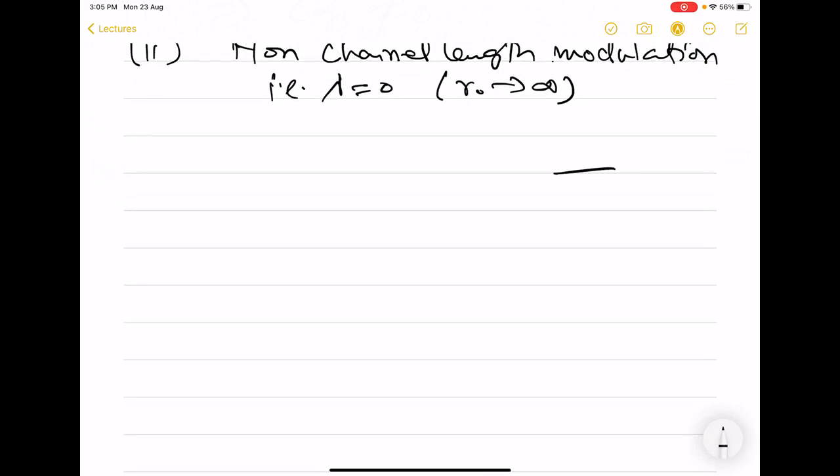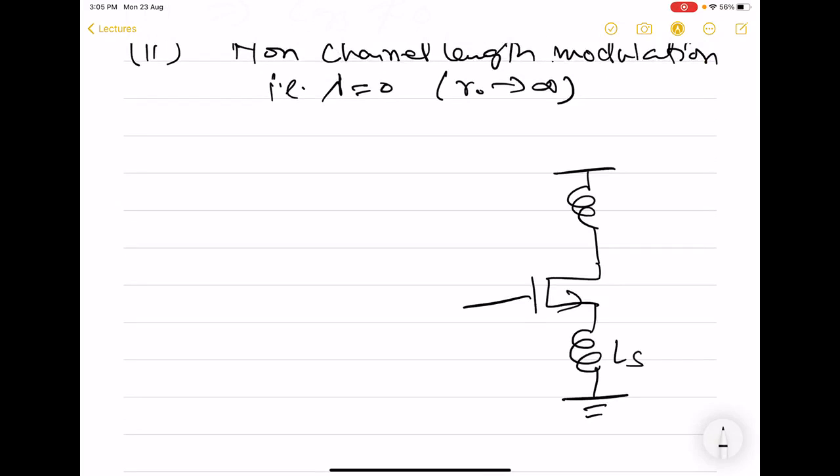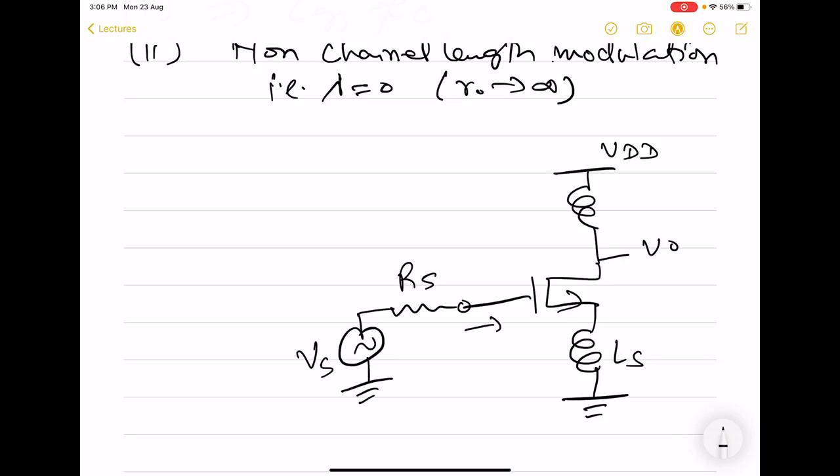So the circuit for this LNA is this one. So this is the input impedance we are interested in finding out.